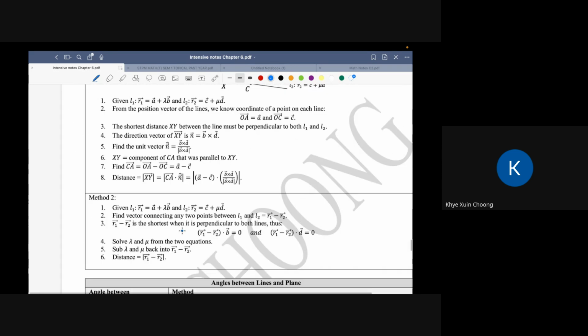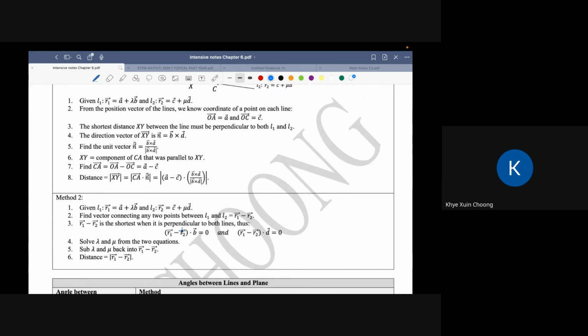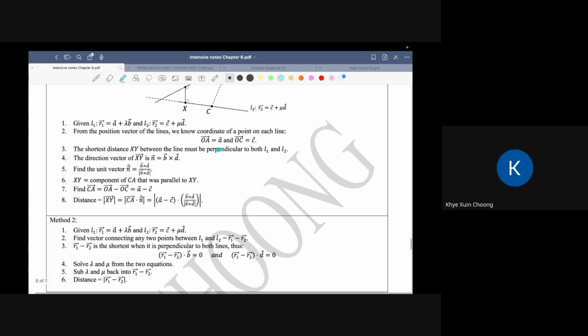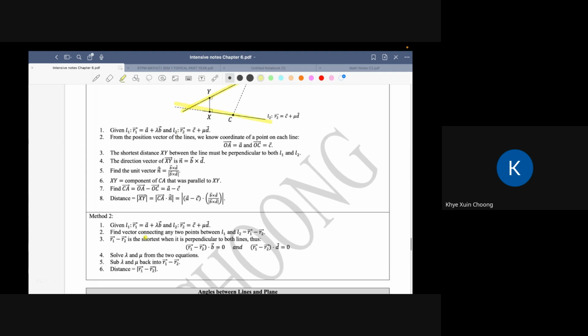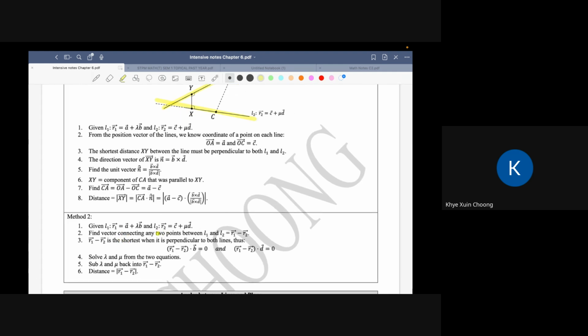For method 2, given one line L1, you have two equations of the line, one is this, one is this. The vector connecting any 2 points between L1 and L2 is R1 minus R2.